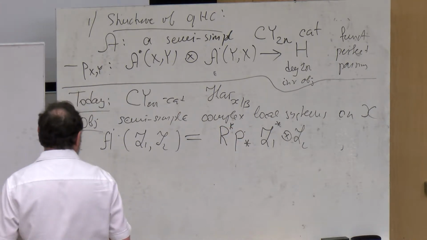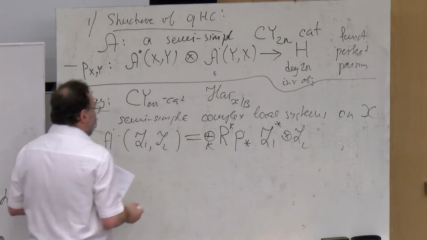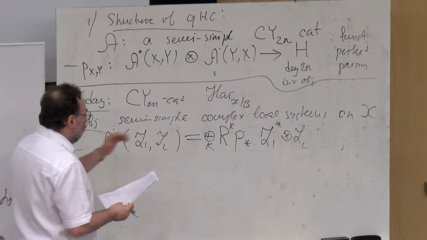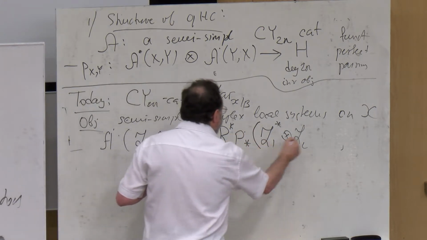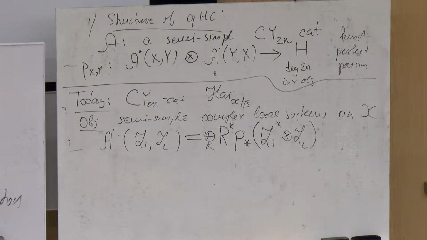This p is a projection to the base. And of course take the sum over all k. So you get a collection of local systems. I assume that the map is smooth, so no singularities. So you get a direct sum of local systems sitting in degree k, each on the base.